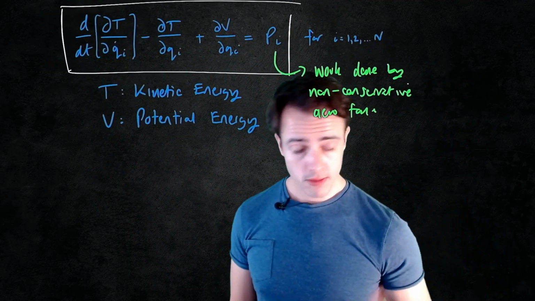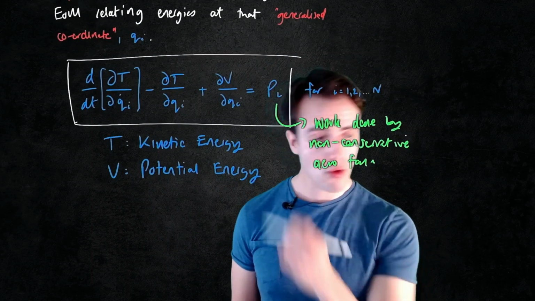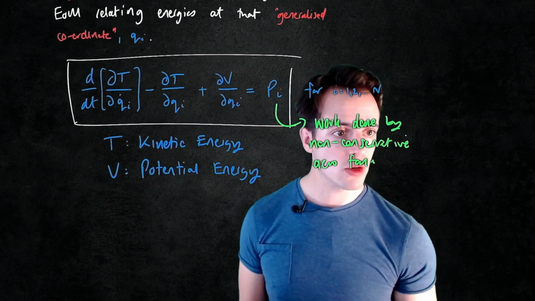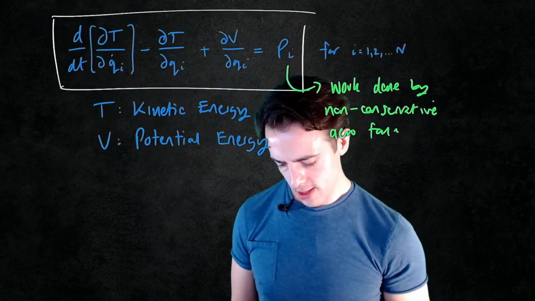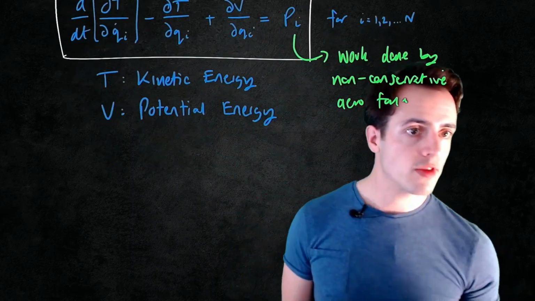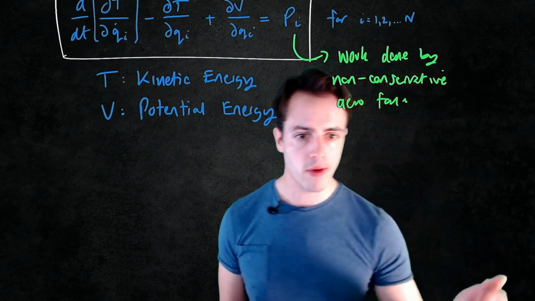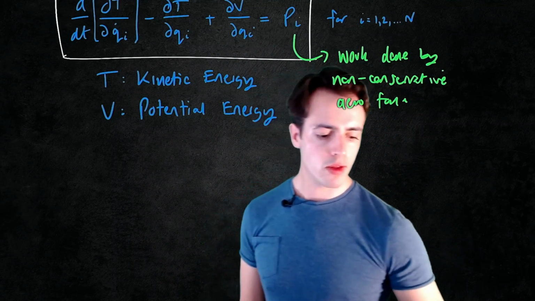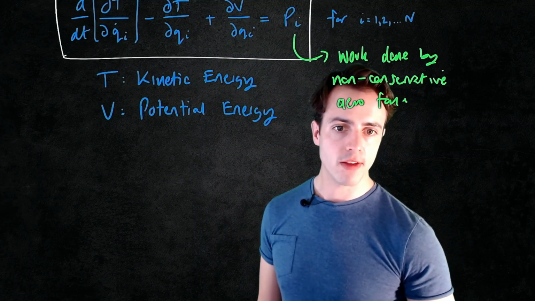So the Lagrangian, I called it Lagrange's equation up here. Sometimes you'll hear it called the Lagrangian. Okay, so the Lagrangian is used to develop equations of motion for all manner of aeroelastic problems, and we're going to use it to develop a simplified flutter model.